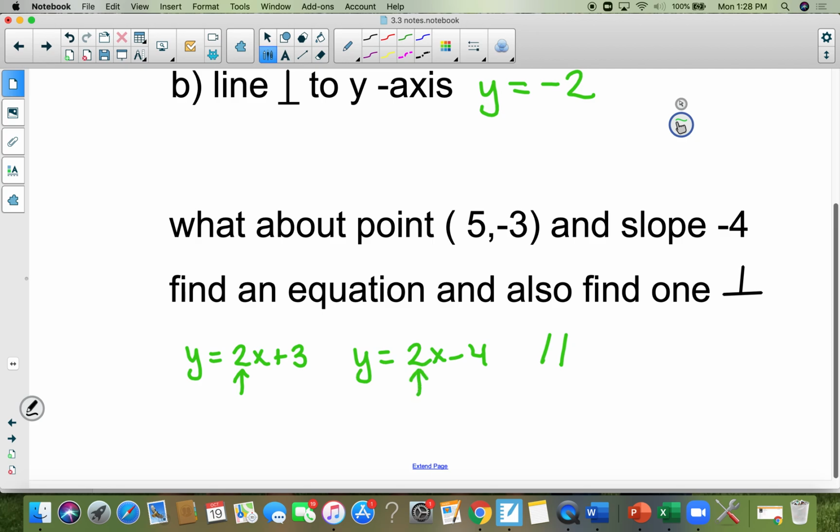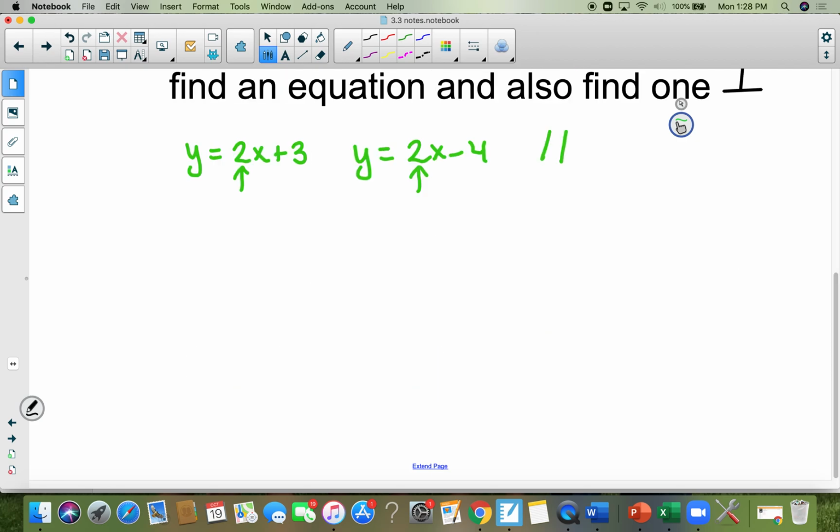You learn this in Algebra 1, Algebra 2, and also in geometry, that when slopes are the same, they are parallel. Perpendicular slopes: one can be 2x plus 3, but the other one has to be the opposite reciprocal. If the slopes are opposite reciprocals, then it's perpendicular.